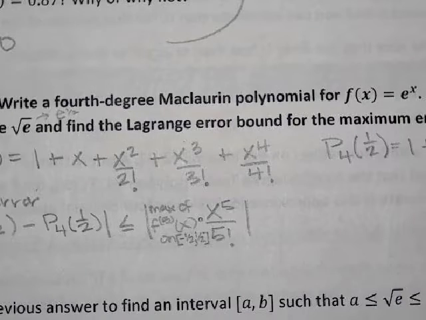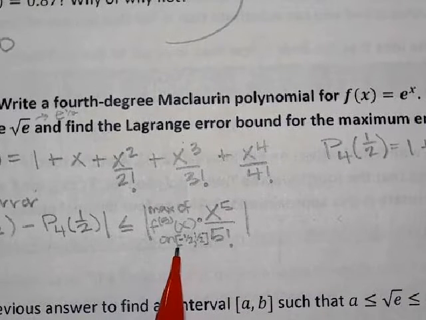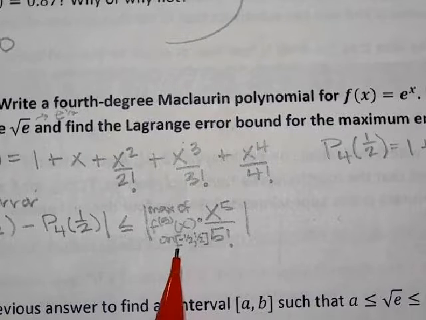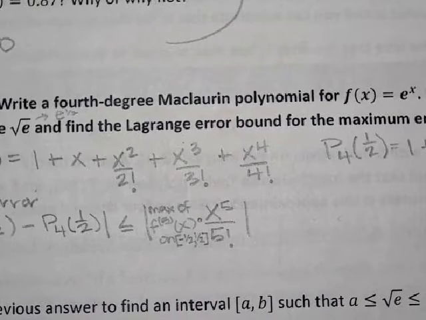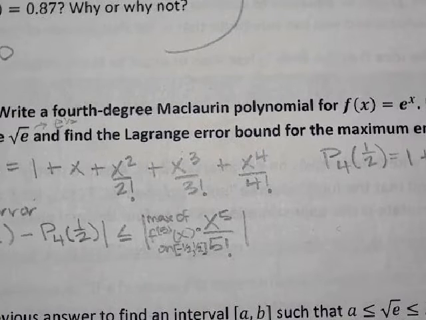But remember what I said yesterday? I've seen more alternating series error bounds in FRQs than I have Lagrange. I've seen a couple Lagrange, but I've seen a lot of alternating series. So is this going to be the guaranteed FRQ 6 on the BC exam from this unit every year? Is it going to have Lagrange?